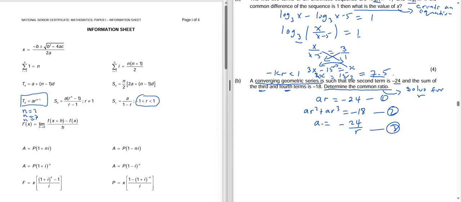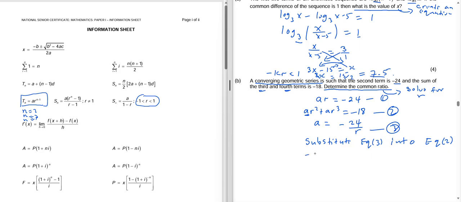Now, we are going to substitute equation 3 into equation 2, meaning that where there is a, you are going to replace it with the right hand side of equation 3. Let's do that.